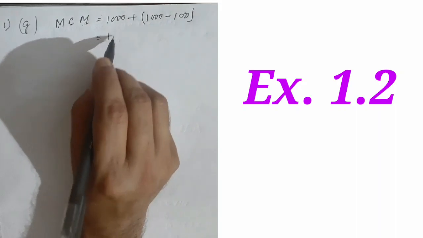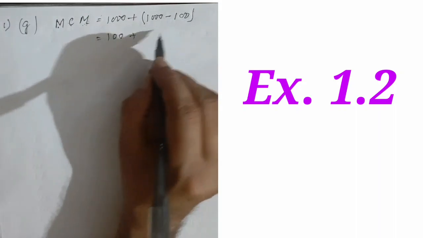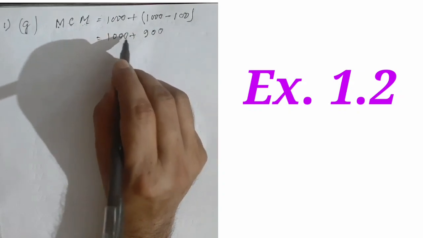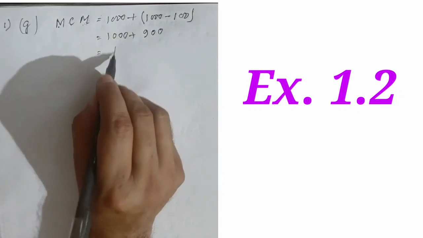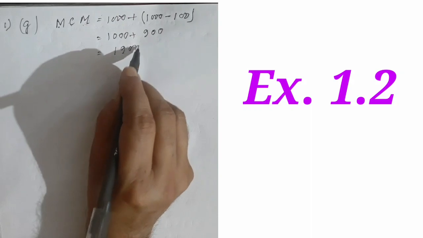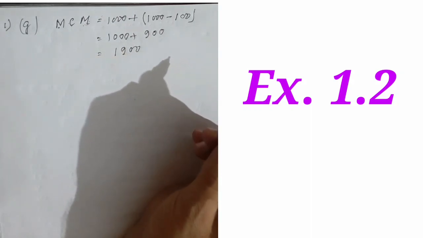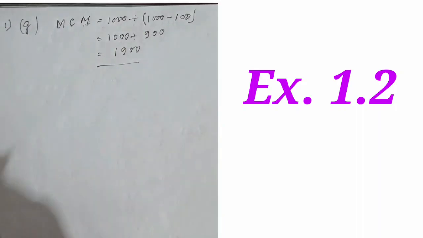So it becomes 1000 plus 900. So this one is 1900. Is it? This one is 1900. Okay. So the remaining questions you can try yourself from this question number 1.